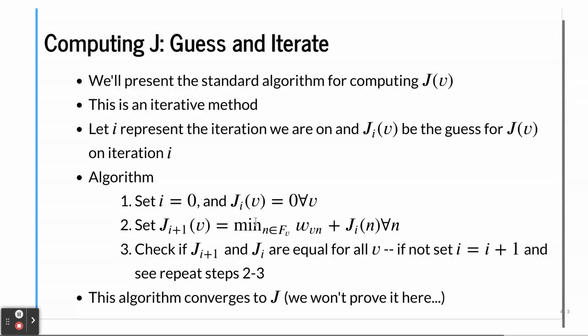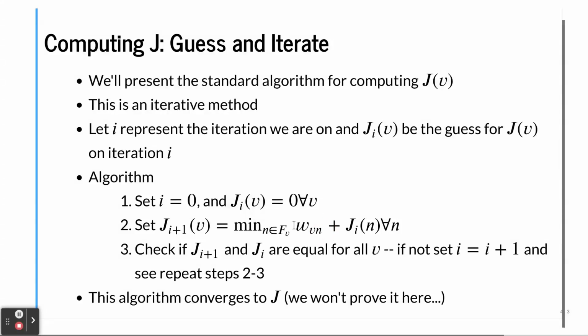So if we consider what might happen on the very first iteration, well, J sub i will be 0. So this term basically drops out. And we'll start off by considering taking the edge of all the possible choices that just has the lowest weight. And that's how we kick things off.